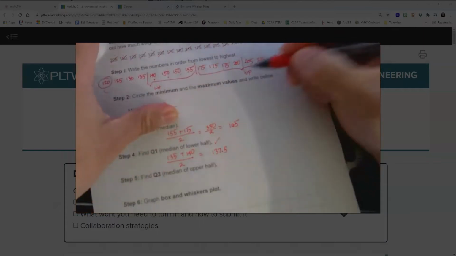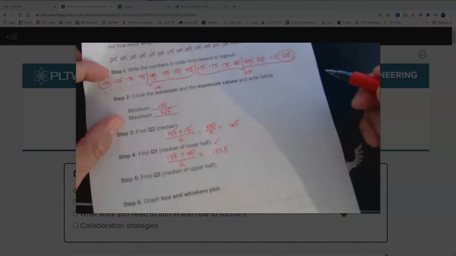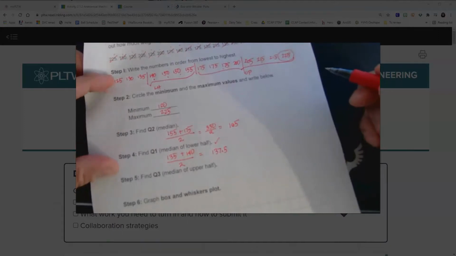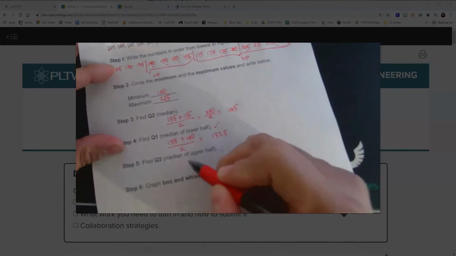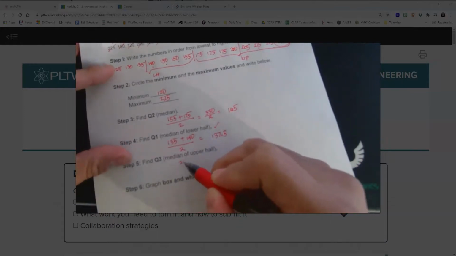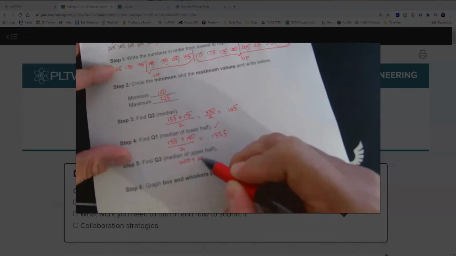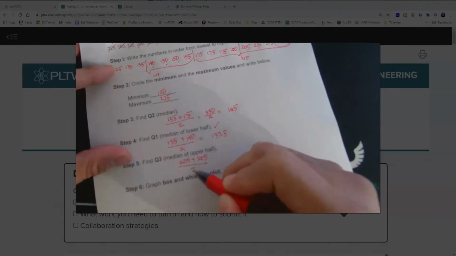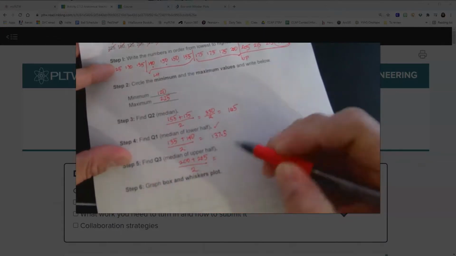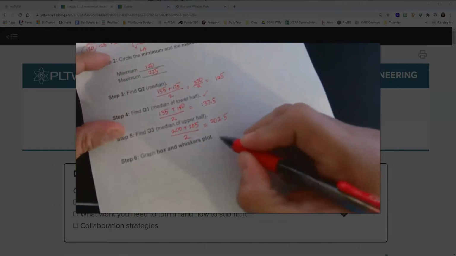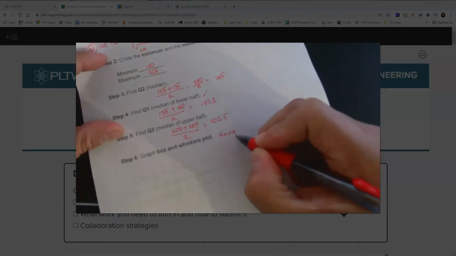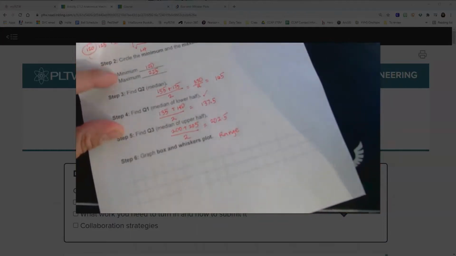Okay, so it's in the middle of 200 and 205. So to get the median of the upper half, or Q3, we need to add 200 plus 205 divided by 2. And the answer for this would be 202.5.